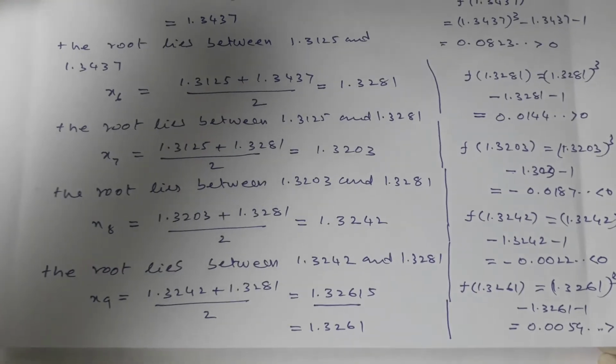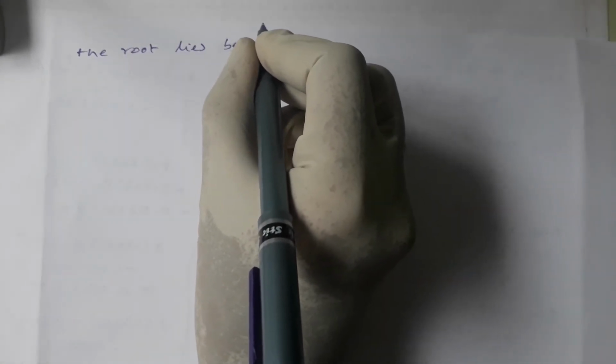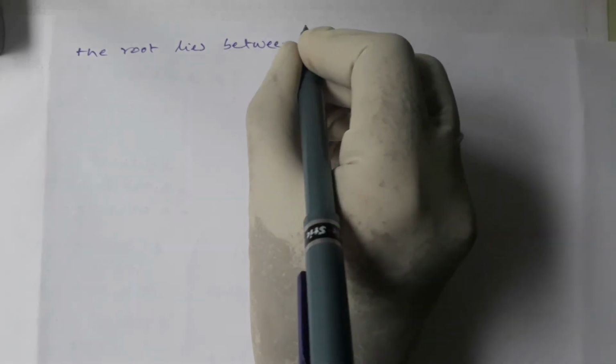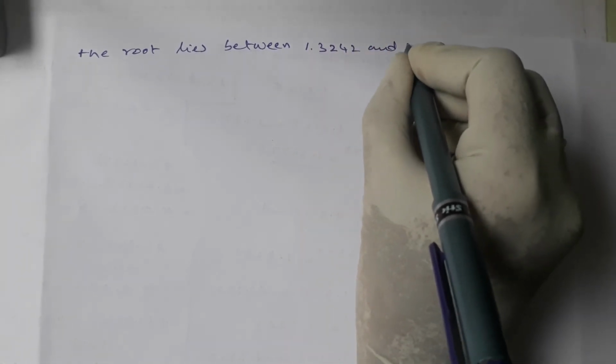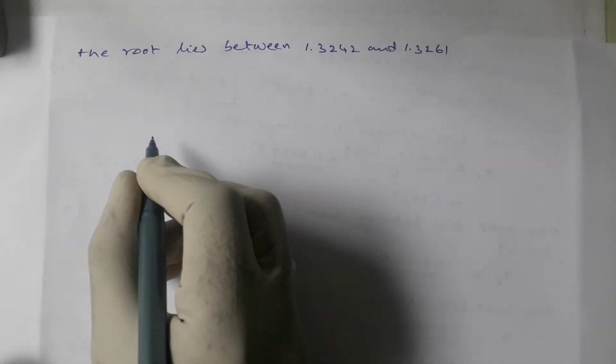It is greater than 0. As previously, when it is greater than 0, the root lies between that value and its left side value, so it is 1.3242 and 1.3261.